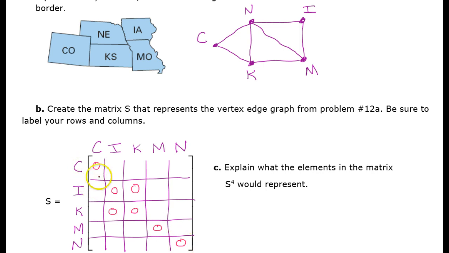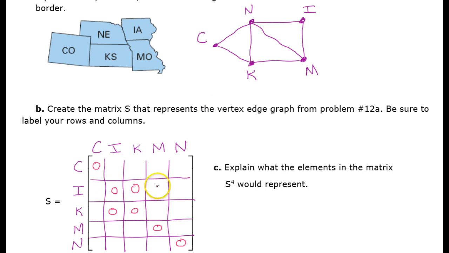Okay, so let's start with Iowa. Looking at the vertex edge graph, Iowa shares a border with Nebraska and Montana. Again, this is Missouri. Montana is way up north. Sorry. So Iowa shares a border with Missouri and Nebraska.